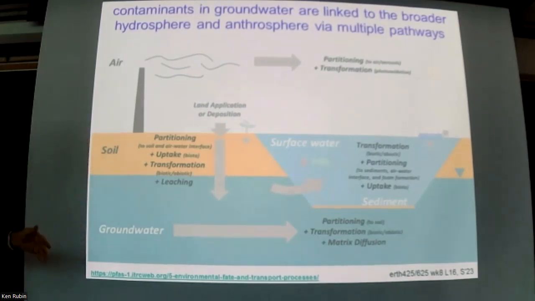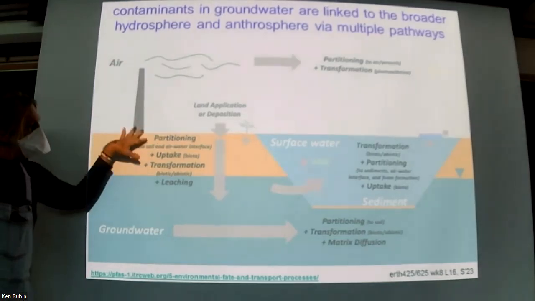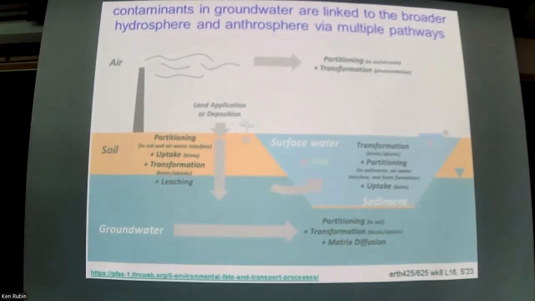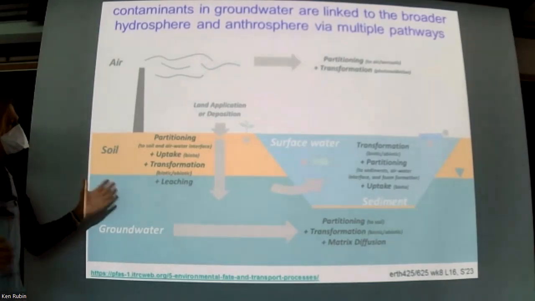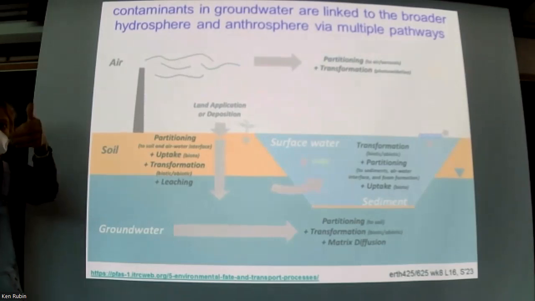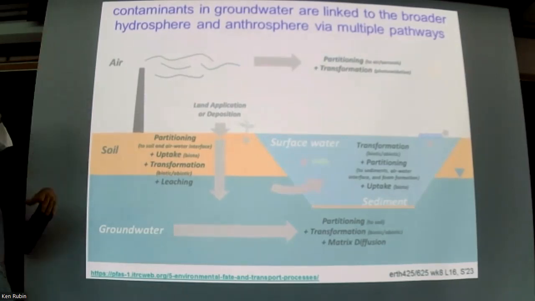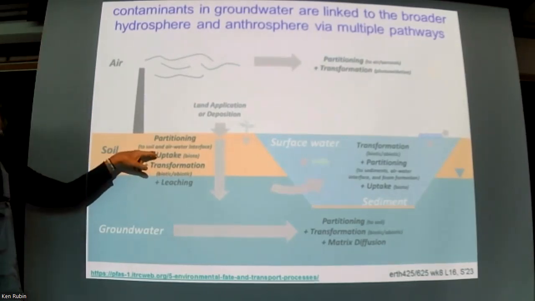Or, as we'll see later today, and we'll talk about a lot tomorrow, we can also have chemicals that are not soluble in water that are applied accidentally to the land surface, that then, to some extent, they partition, they dissolve in water, they may volatilize again, and they may stick onto soil particles.